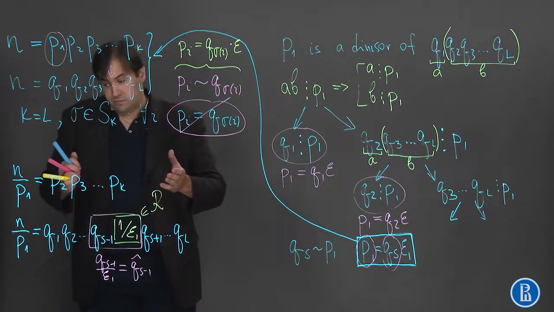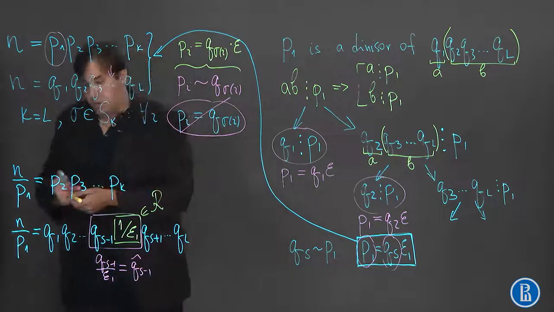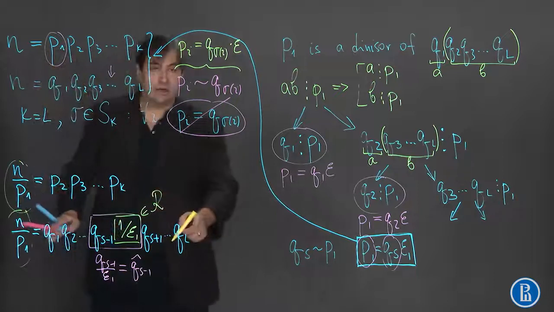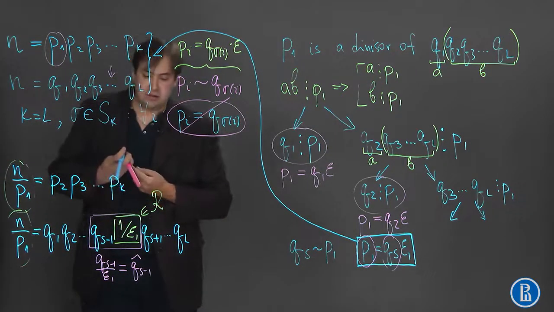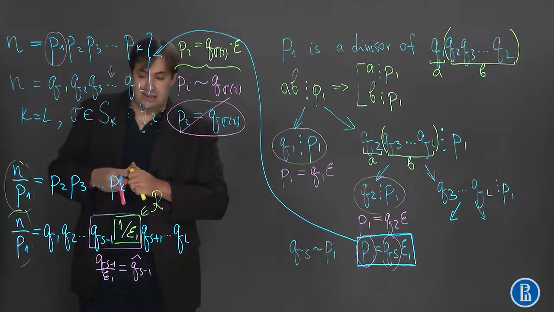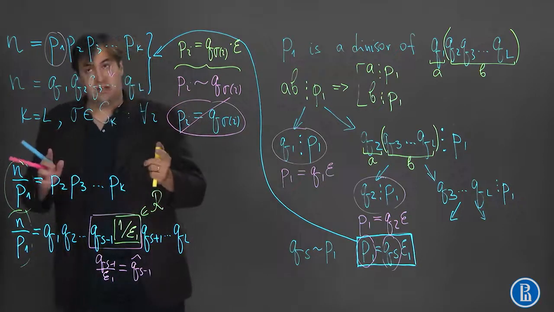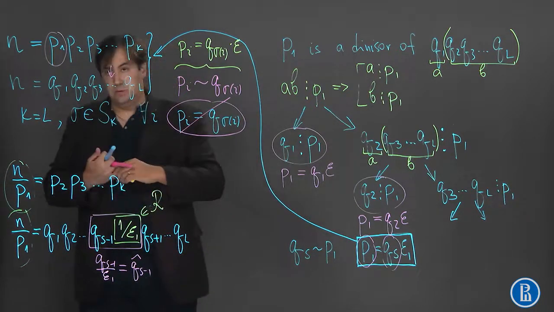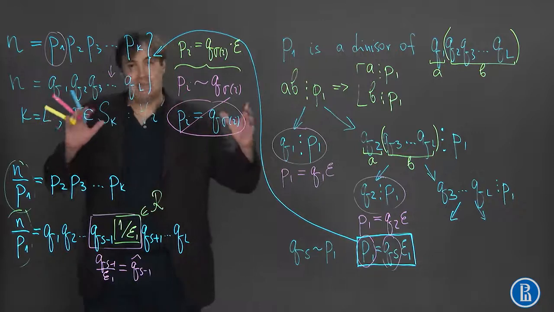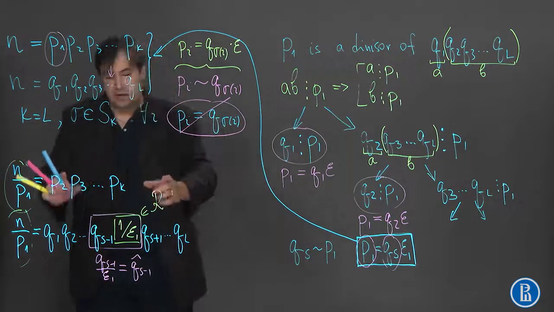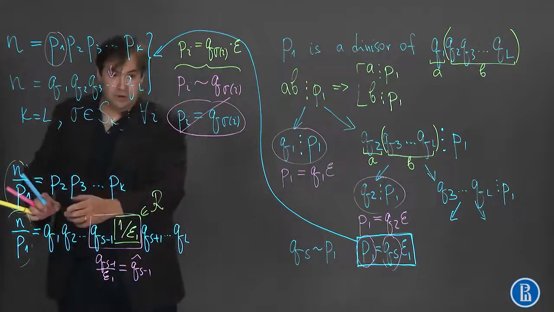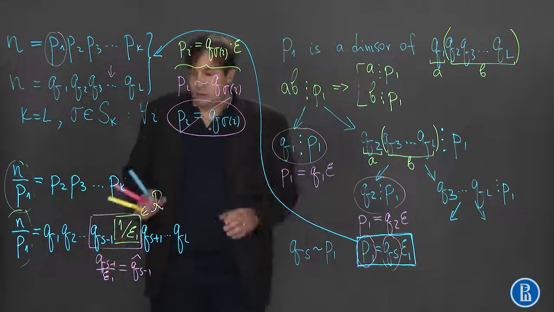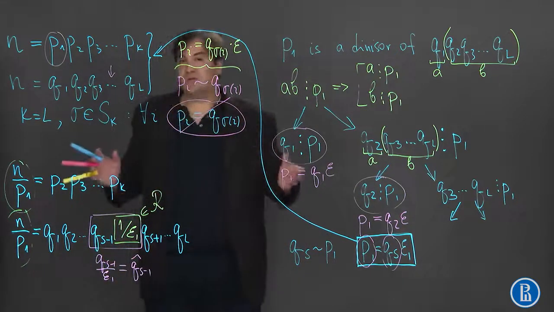Now we have a new number, n over P1, which has two decompositions, the first one and the second one. These two decompositions have fewer factors than the original two decompositions, and we can continue using the same methods, the same algorithm, applying it to the new decompositions of the new number, and eventually we will come up with a situation where one of the decompositions is out of prime factors.